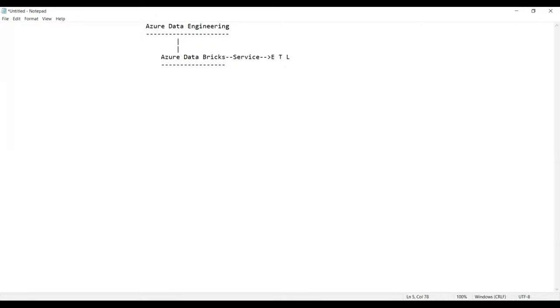Extraction, transformation, and loading. So now guys, what is this extraction, transformation, and loading? Let us try to understand this. That is ETL: extraction, transformation, and loading.